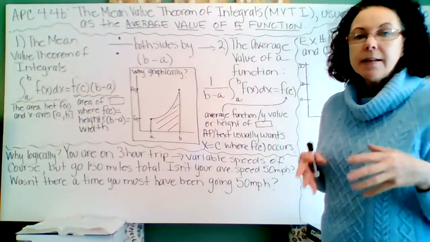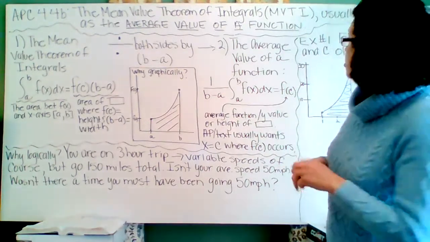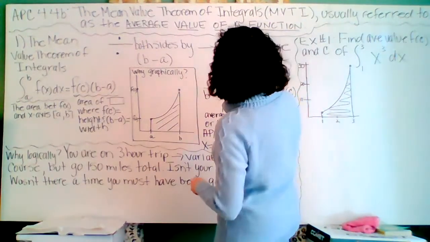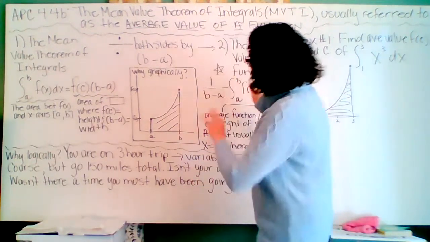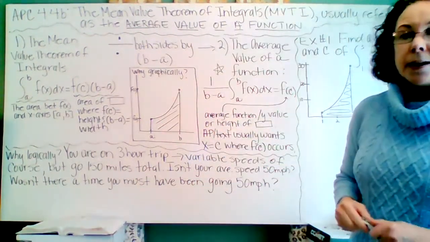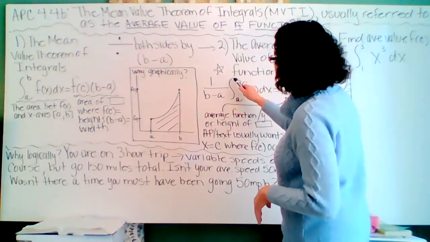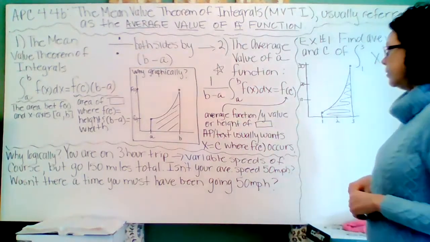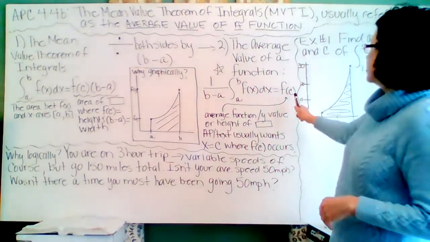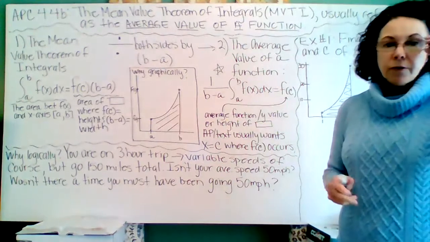That is an indication to use this formula: 1 over b minus a times the integral from a to b of f of x dx equals f of c, the average value of a function.